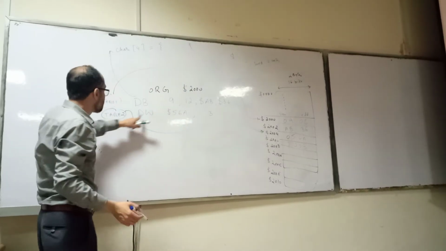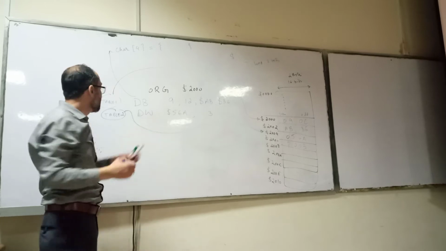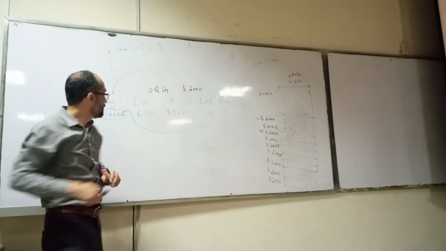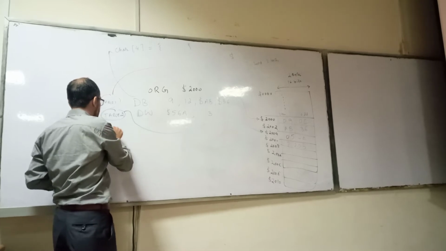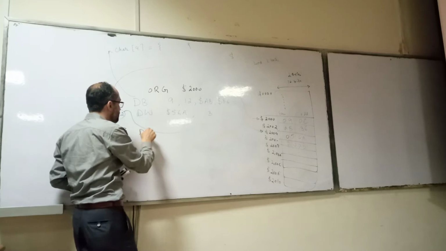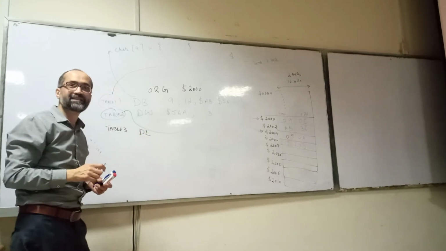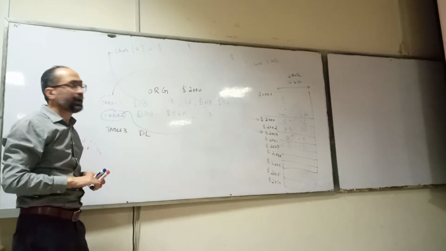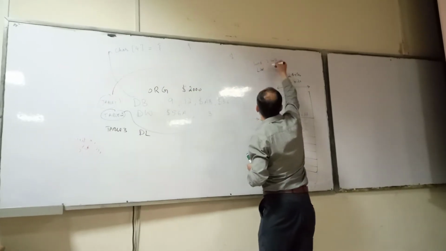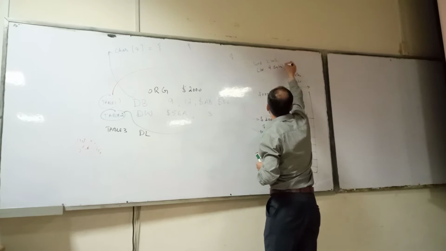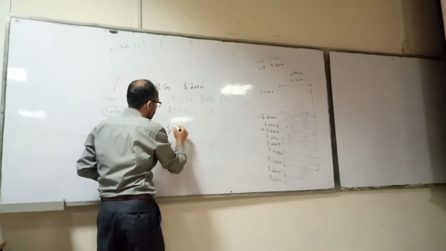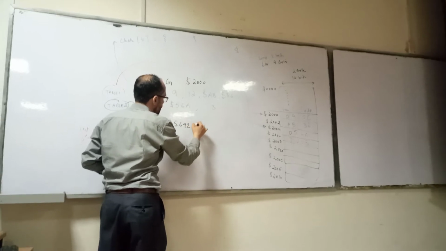Okay. Now this table 2 is define word, and now we have another table 3, and we use this DL. DL stands for long word, and we now assume a long word consists of 4 bytes. And if you want to initialize this, we can say 5, 6, 9, 2, 8.